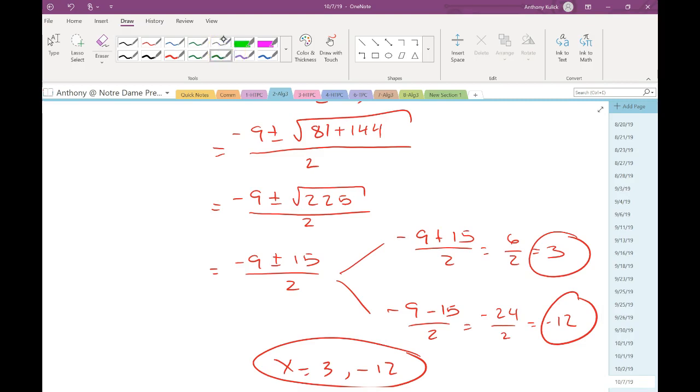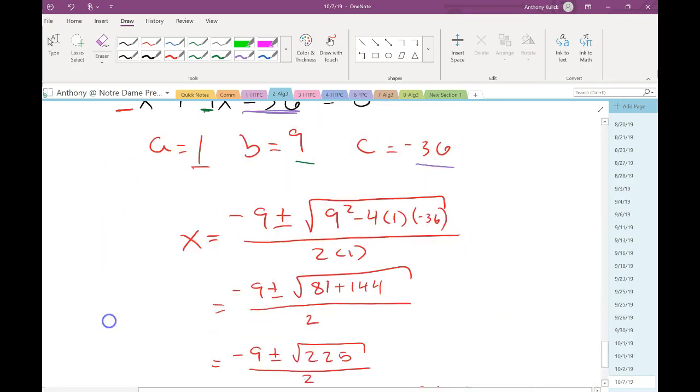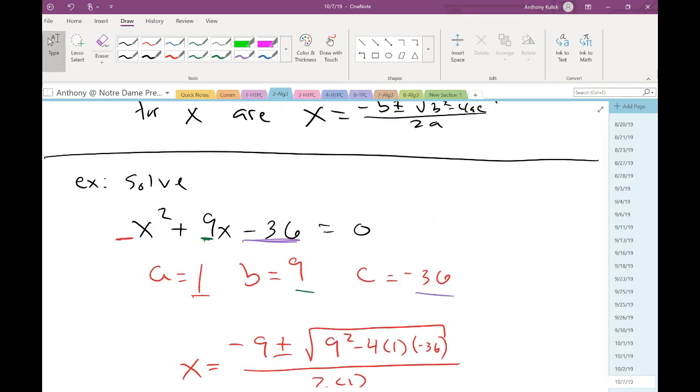Is there an easier way to do this problem, though? Yeah, let's go back and look at the beginning. x squared plus 9x minus 36. Is this factorable? Are there 2 numbers that multiply to give me negative 36 and add to give me 9?